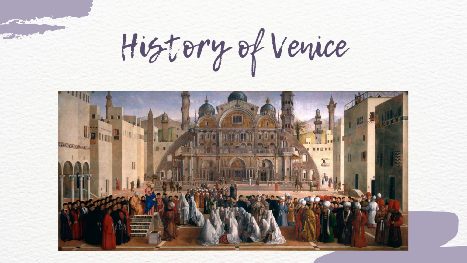Granted, they did have their noble class. They did want, as always, it seems, to have the elite ruling in some capacity, but it was elected. It was an elected group of officials headed by something called a doge. And the doge, for the most part, it changes throughout the centuries, was elected by a body, maybe not the whole populace, but a body of representatives.